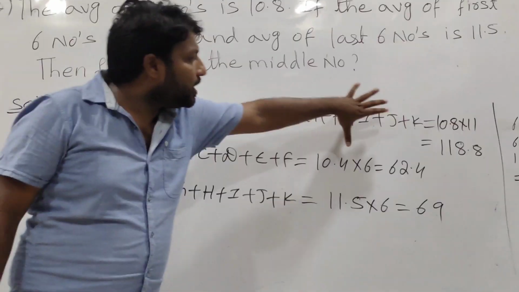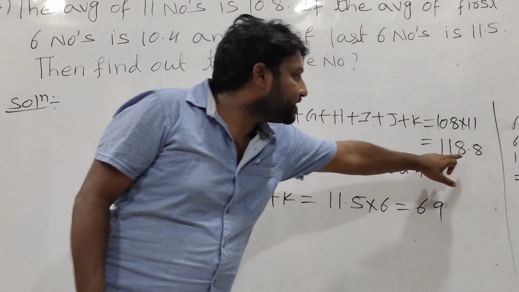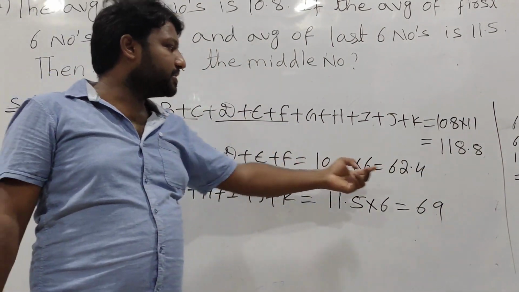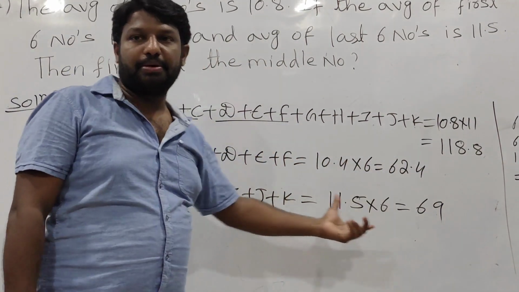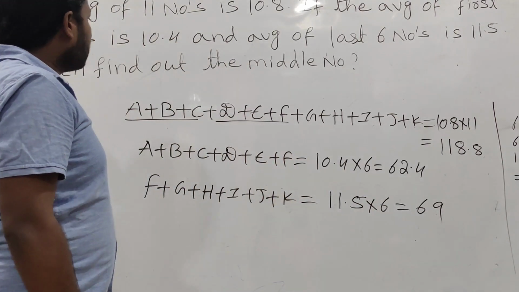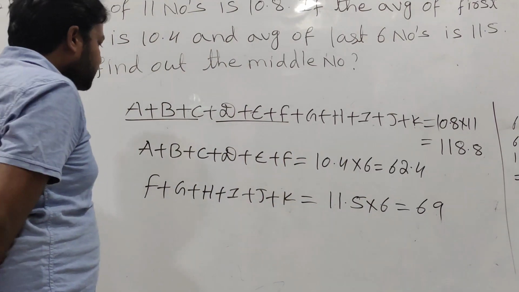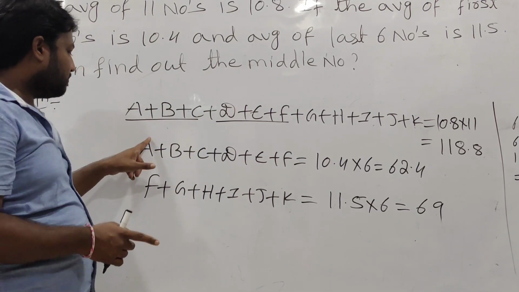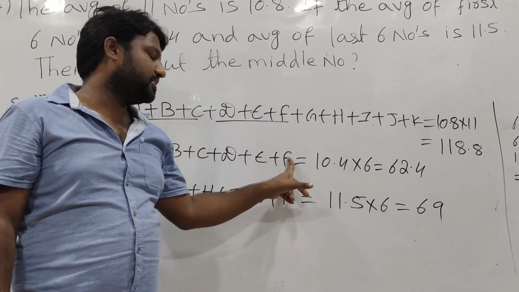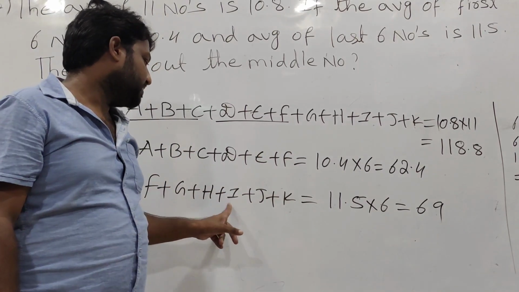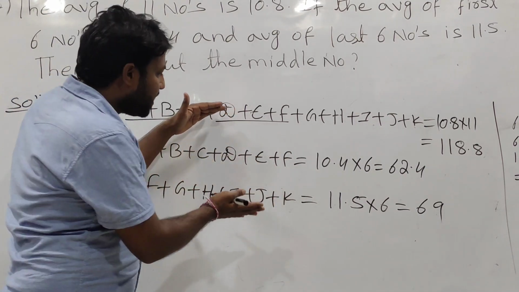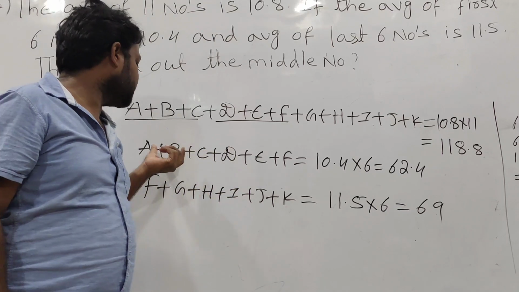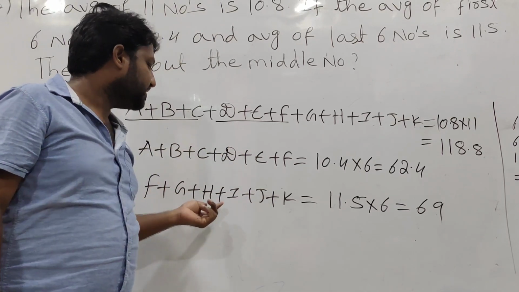Now this total 11 numbers sum is 118.8. First 6 numbers sum is 62.4. Last 6 numbers sum is 69. Now they ask to find the middle number. So what I will do is, now I will add these 2 sums. A plus B plus C plus D plus E plus F plus F plus G plus H plus I plus J plus K. So I will add these numbers.